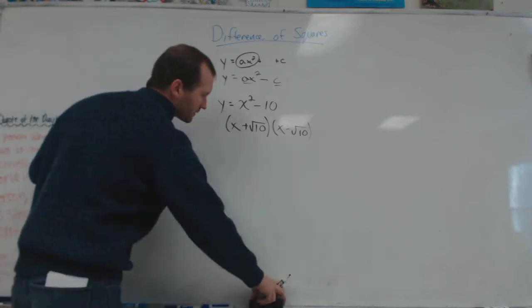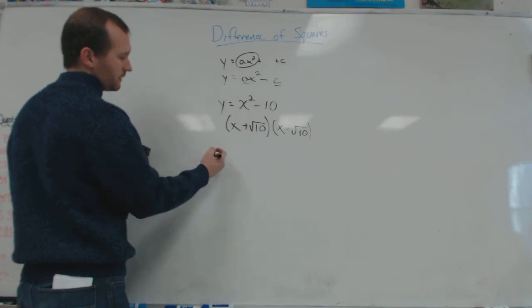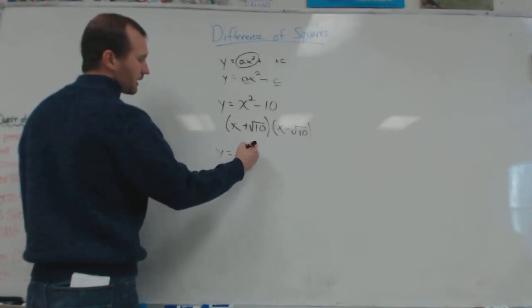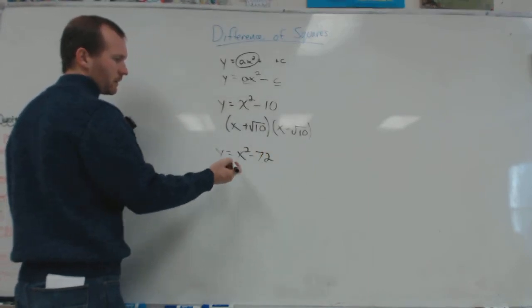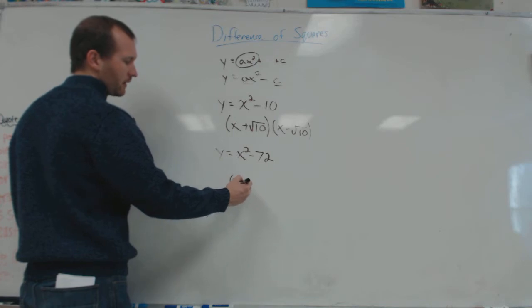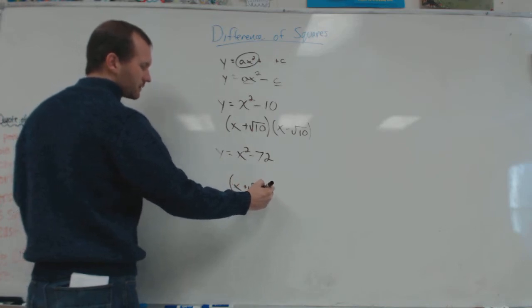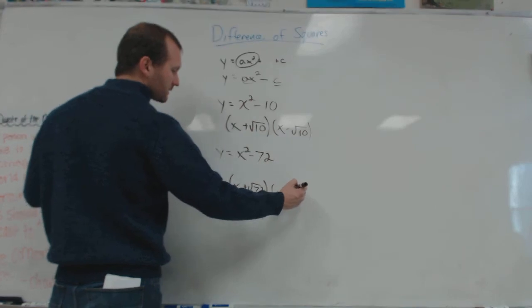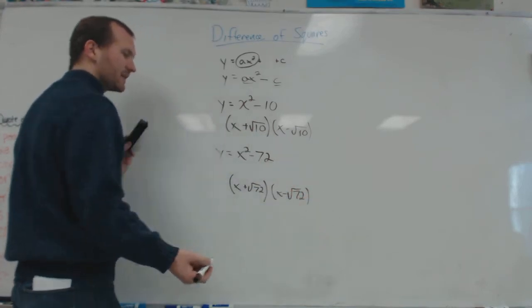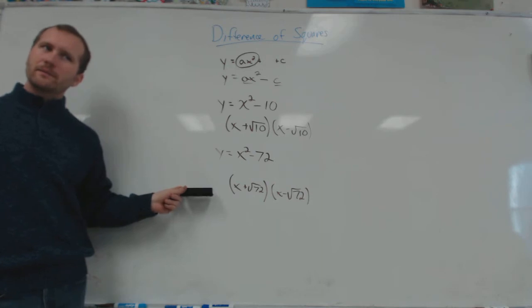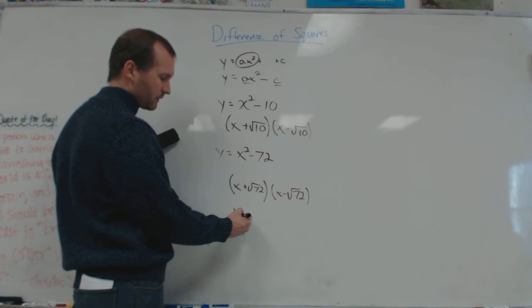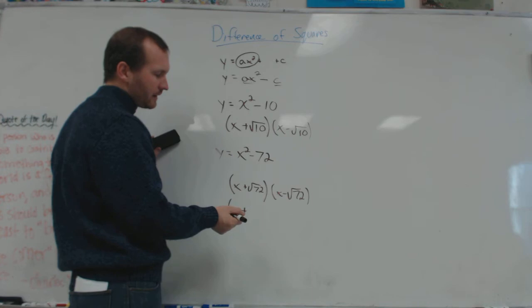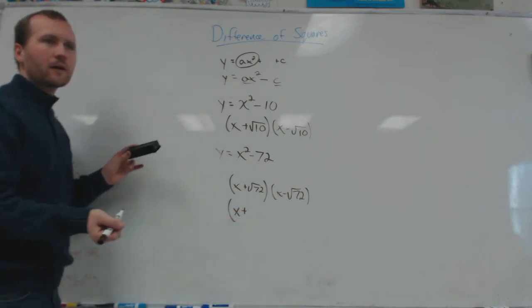Be careful though, if I gave you something like this, y equals x squared minus 72, right? You would factor this the same way. X plus the square root of 72, x minus the square root of 72. But this is not simplified. Why not? Yeah, how can we simplify the square root of 72? A 9 and an 8, or 36.